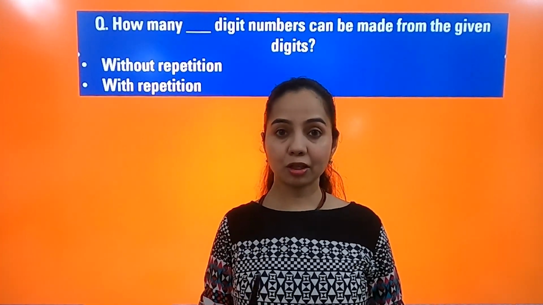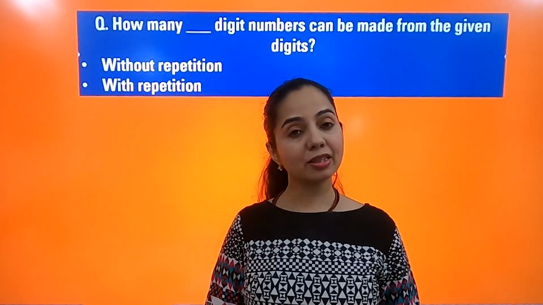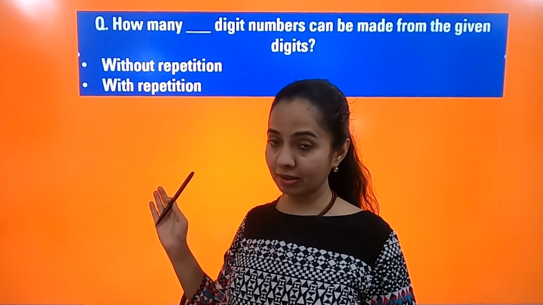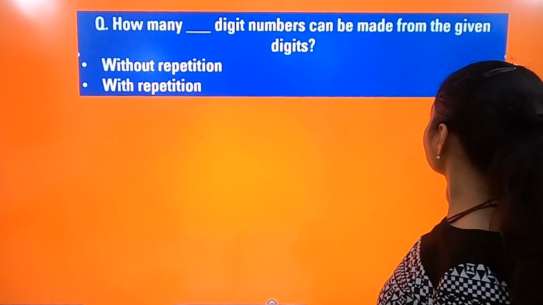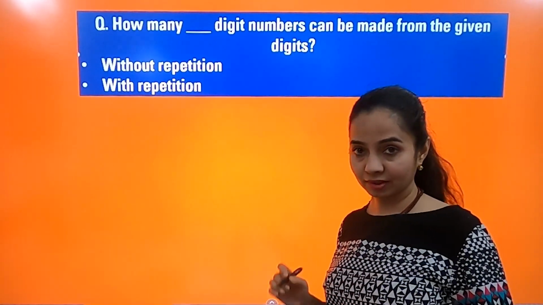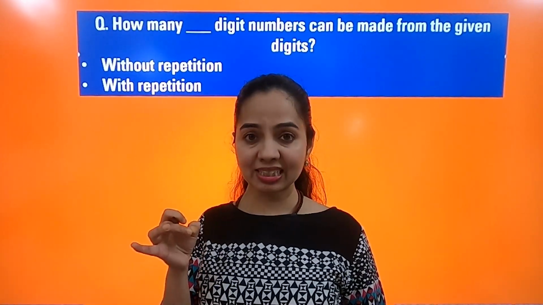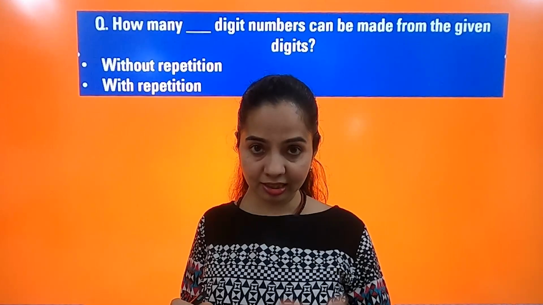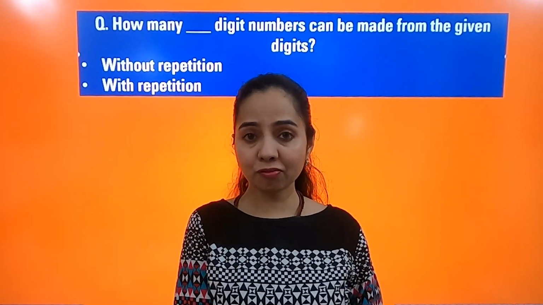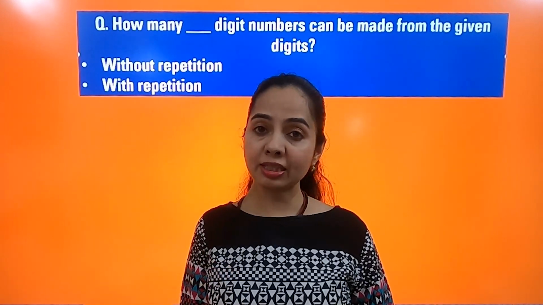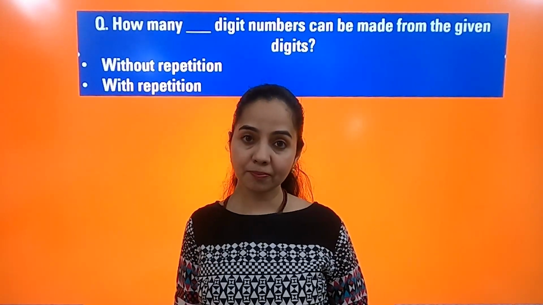Usually, the question comes in this format. How many dash digit numbers can be made from the given digits? In the question, they will give you a specified number of digits, that is, whether those numbers will be 2 digit or 3 digit or 4 digit.